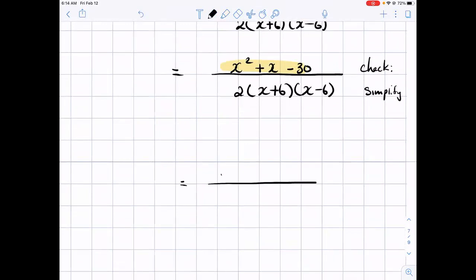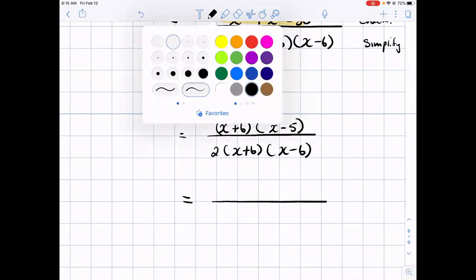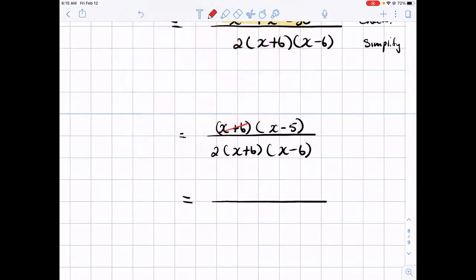And if you factor that, you get x plus 6 times x minus 5 over 2 parentheses x plus 6 times x minus 6. And now you look to see, can we cancel anything from the numerator and the denominator? You will notice that the x plus 6 will cancel with the x plus 6.